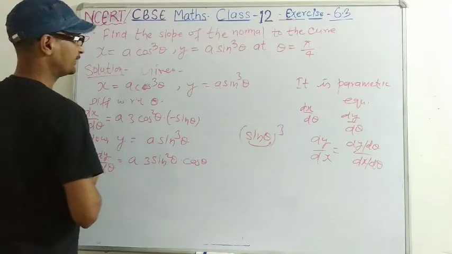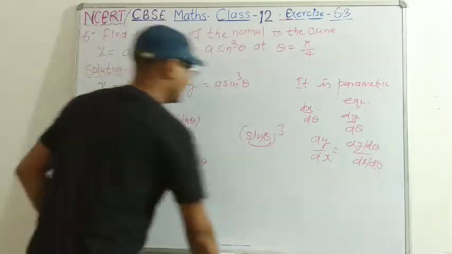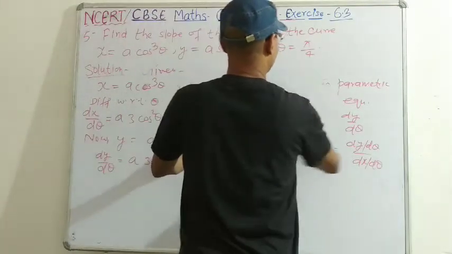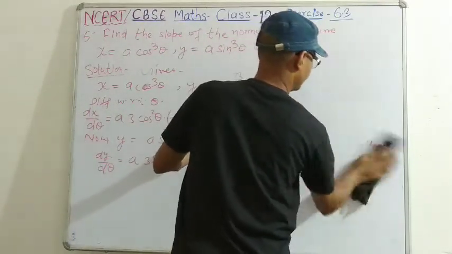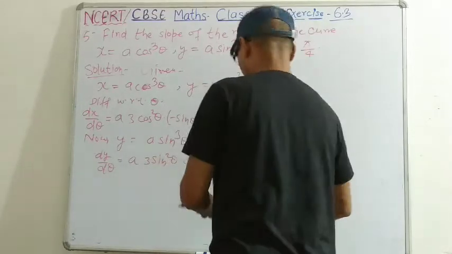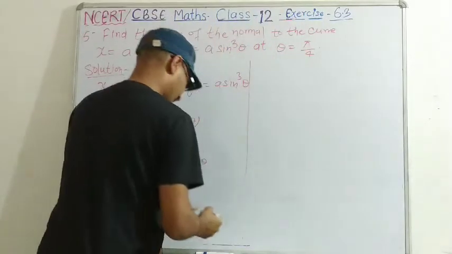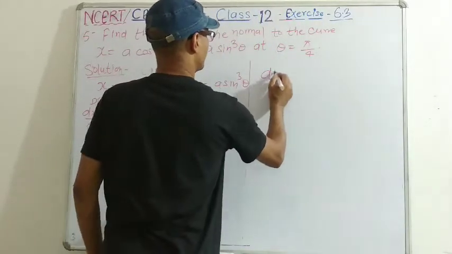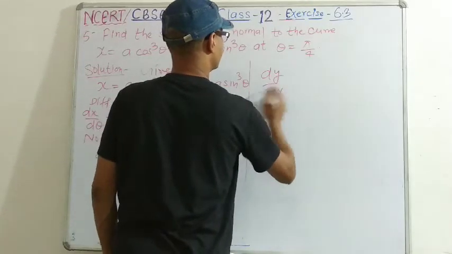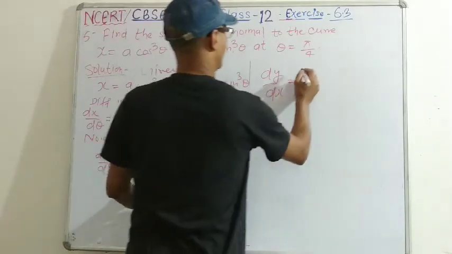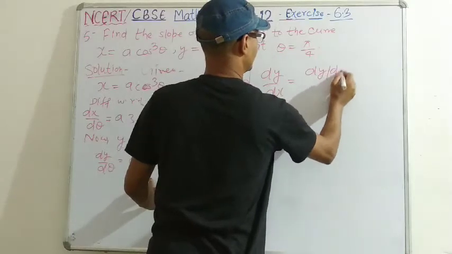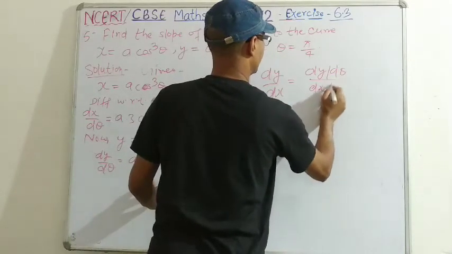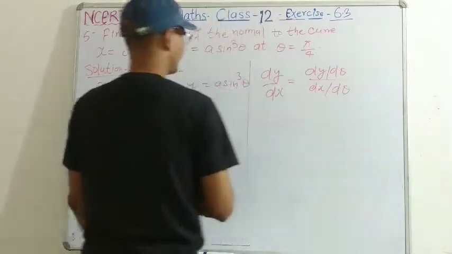So now we need dy by dx. So dy by dx equal to, formula is dy by d theta by dx by d theta.